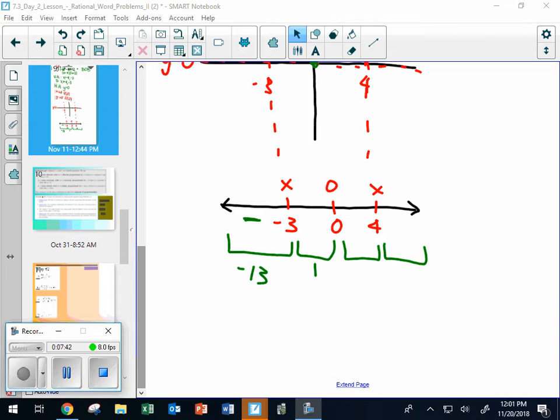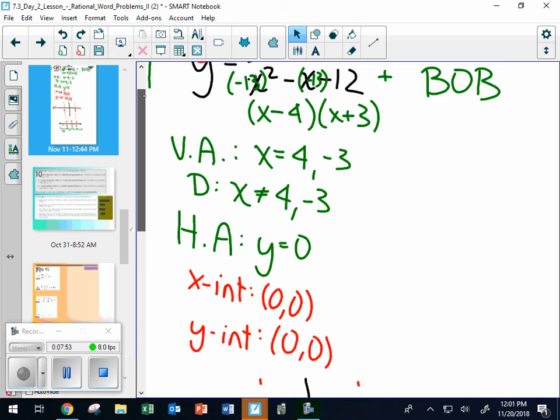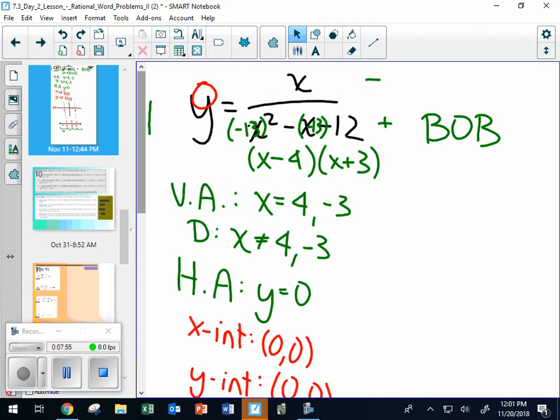All right, we have our 3 different test value areas. So row 5, person 1. Could you tell us what you got when you plugged in 1 for your test value? When you plugged in 1 to the x values here, did you get a positive or a negative y?